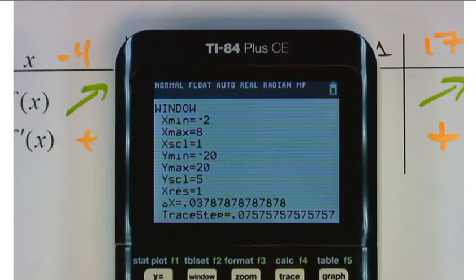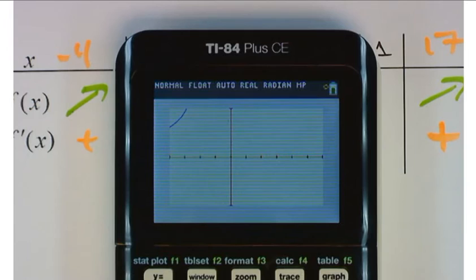Let's set up our window, say between -4 and 6 on the x-axis. And I'm just going to take a guess at -5 to 5 on the y-axis. Let's see what we get. So one of the things you could expect is a vertical asymptote. And indeed we got that.